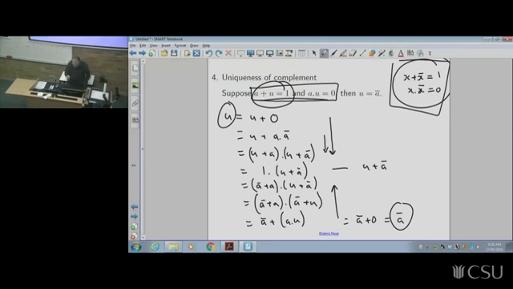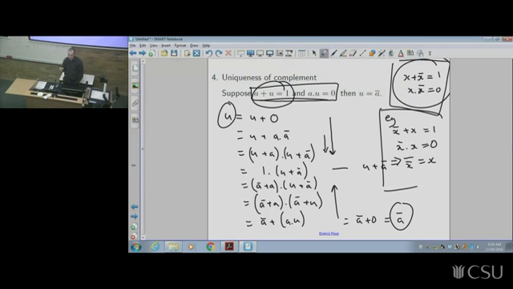So, as an application of that, we can see that by symmetry, x bar plus x equals 1 and x bar dot x equals 0, and that's automatically true, right? Just swap the orders. So that implies that the complement of the complement must be equal to x.